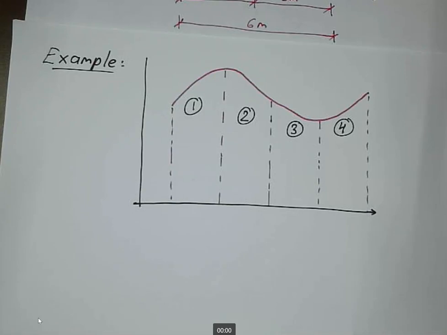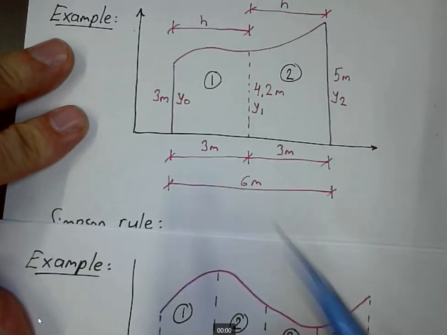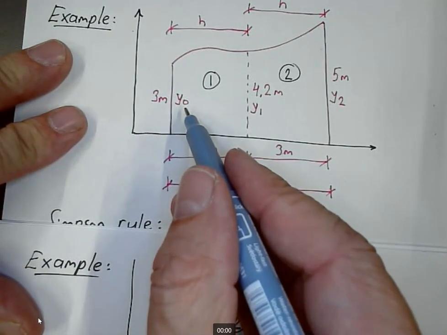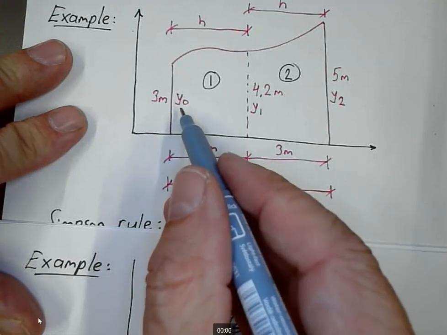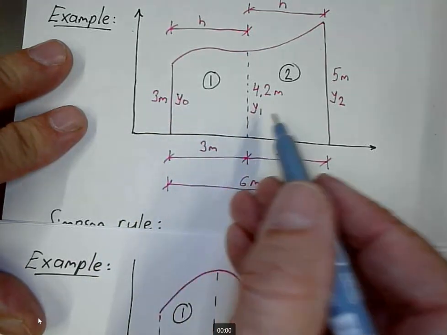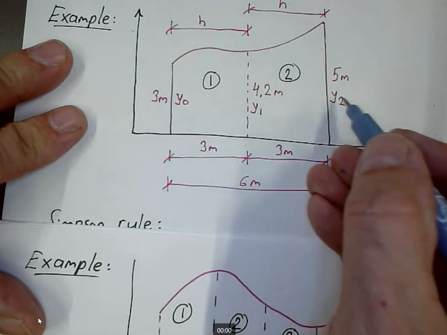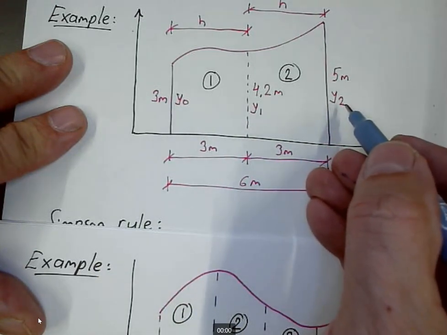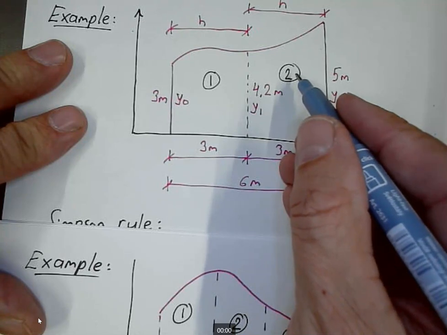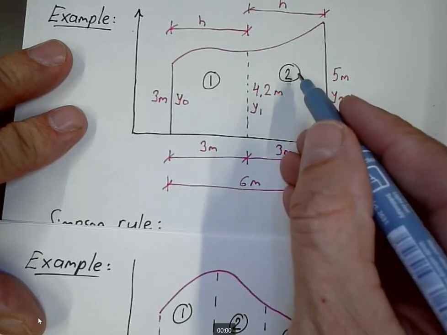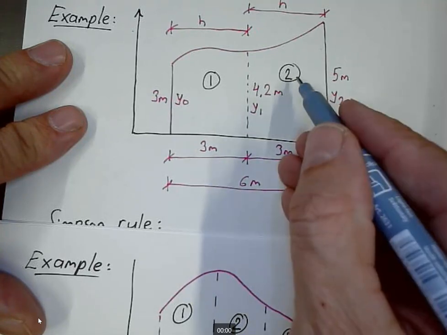The notation is similar. Here we use the notation y0, y1, y2. So the index of the last one is the same as the number of subparts in this figure.